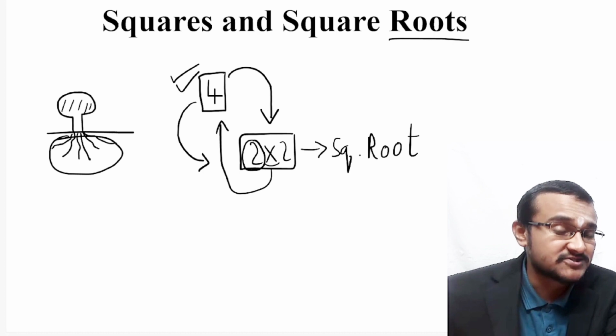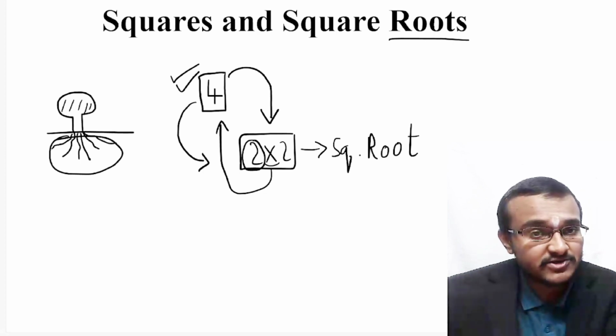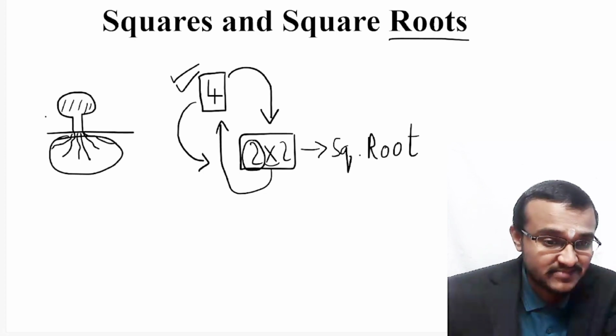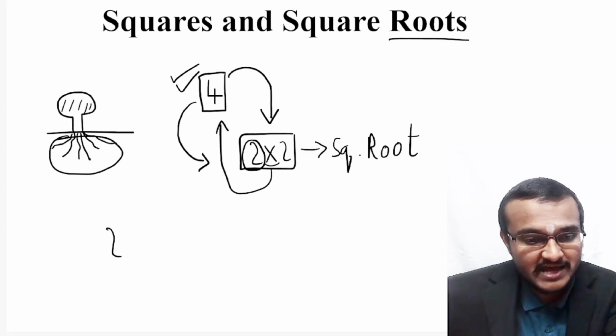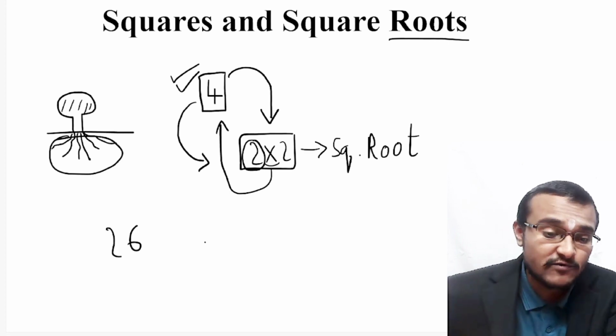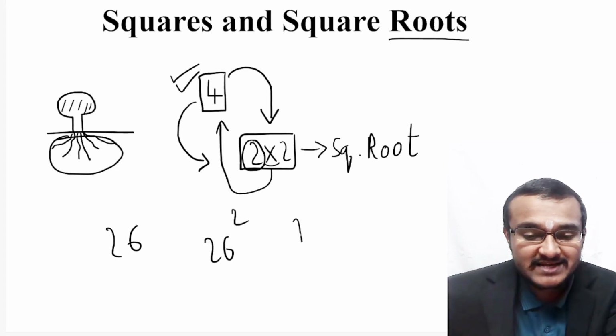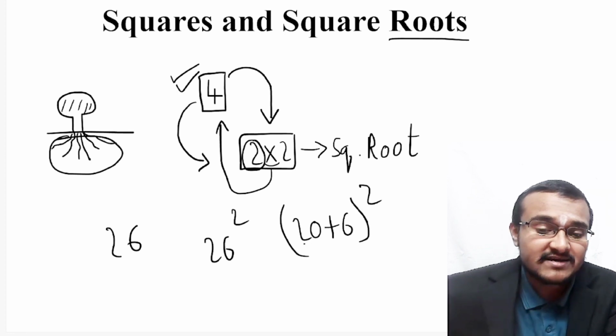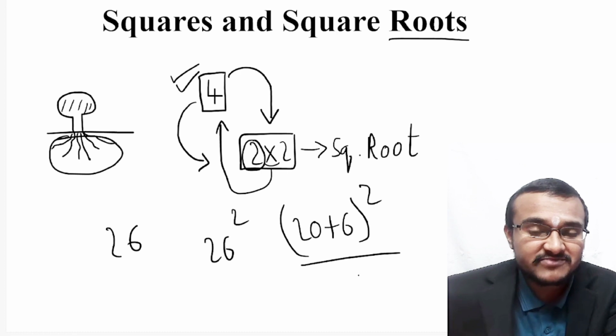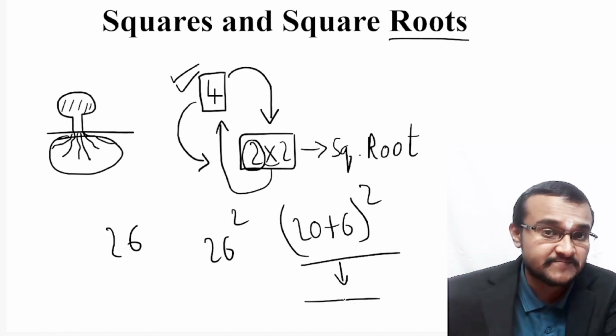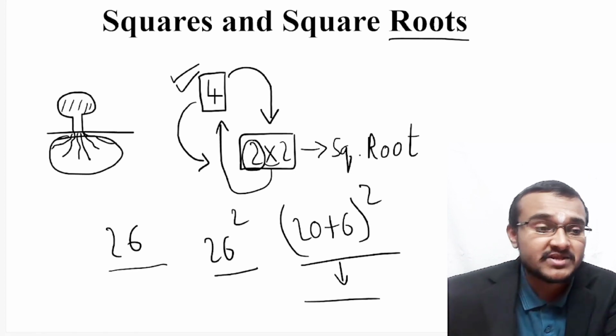So how will you find square roots? In my previous video, I explained how to find squares. If you have the number 26, how will you find 26 square? You will do it as (20 plus 6) whole square, and by using the (a plus b) whole square formula, you simplify and add the terms, thereby getting the answer for 26 square.